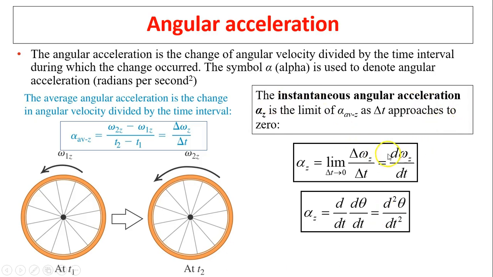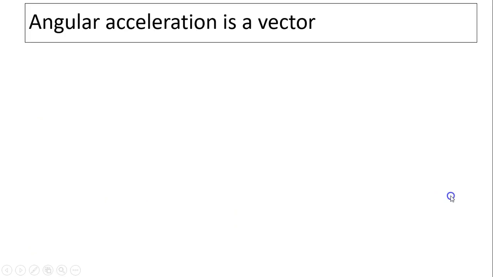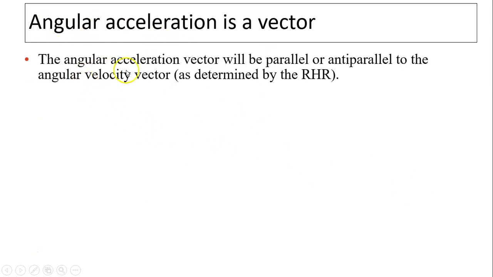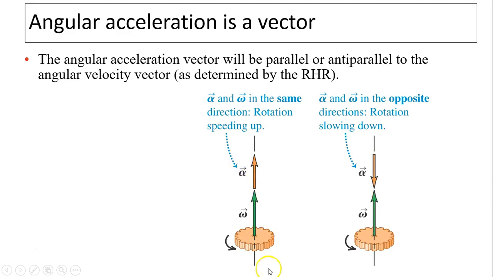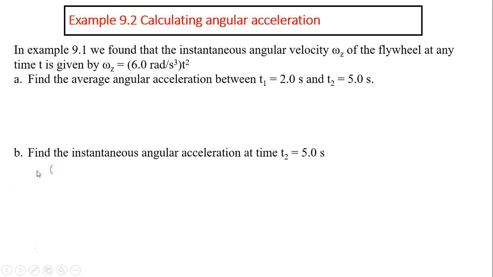The instantaneous acceleration is the derivative d omega over dt, or the double derivative d squared theta over dt squared. Again, angular acceleration is a vector quantity. The angular acceleration vector will be either parallel or antiparallel to omega. When it's parallel to omega, you are speeding up. When it's antiparallel to omega, you are slowing down.